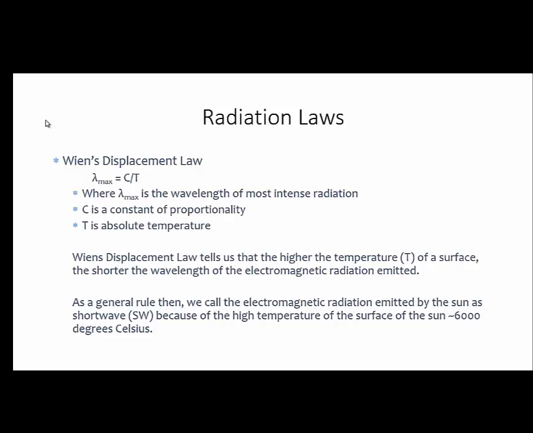So for example, the sun's surface temperature is about 6,000 degrees Celsius, so that wavelength number is going to be very small. That's one way we can demonstrate that the sun puts out very short wave solar radiation, and that becomes a very important concept in this course. So the sun puts out short wave solar radiation.